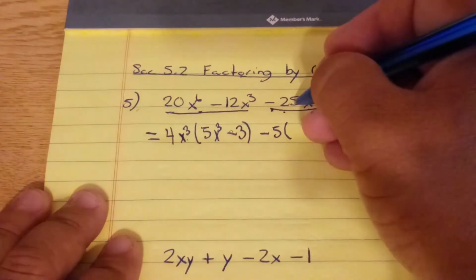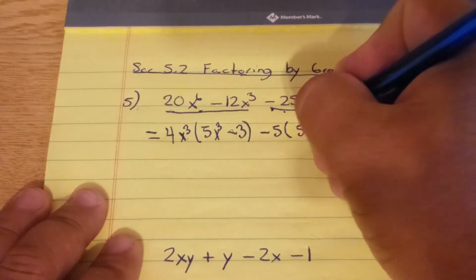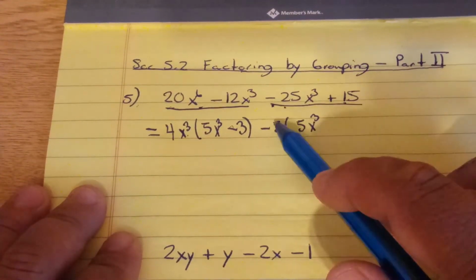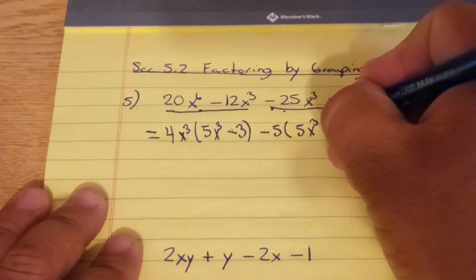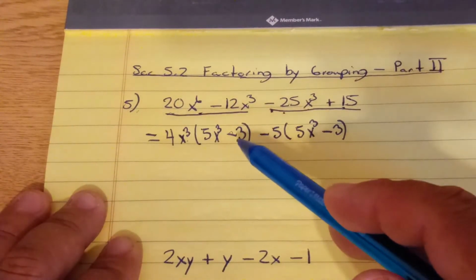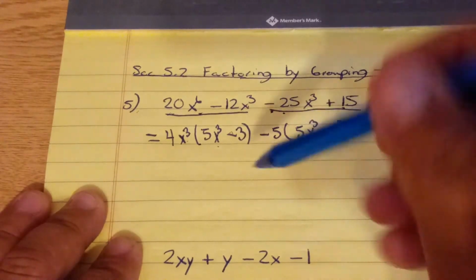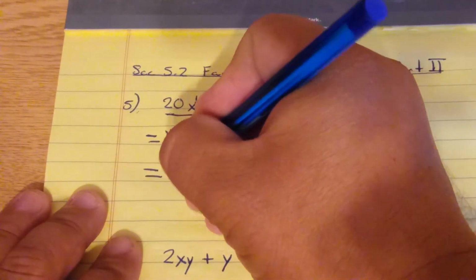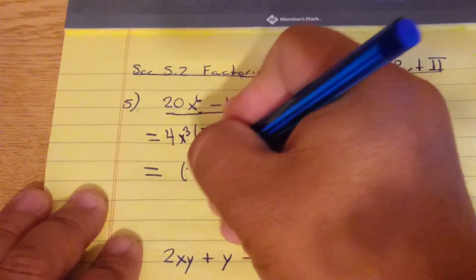So negative 25 divided by negative 5 is positive 5x cubed, and positive 15 divided by negative 5 will give you negative 3. So once again, it does give you the same polynomial that we had for the first pair, and that's what you're going to factor out for the whole thing as well. So we're going to factor out the 5x cubed minus 3.